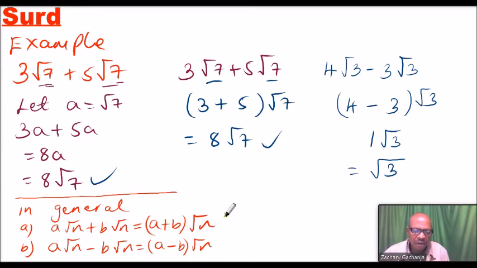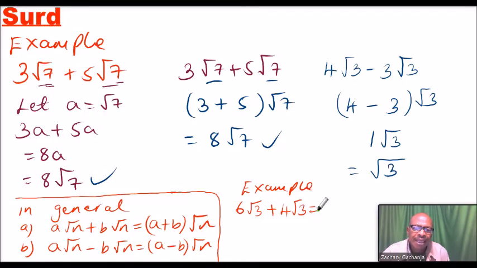And maybe if we look at one more example here, let's say we have 6 root 3 plus 4 root 3.